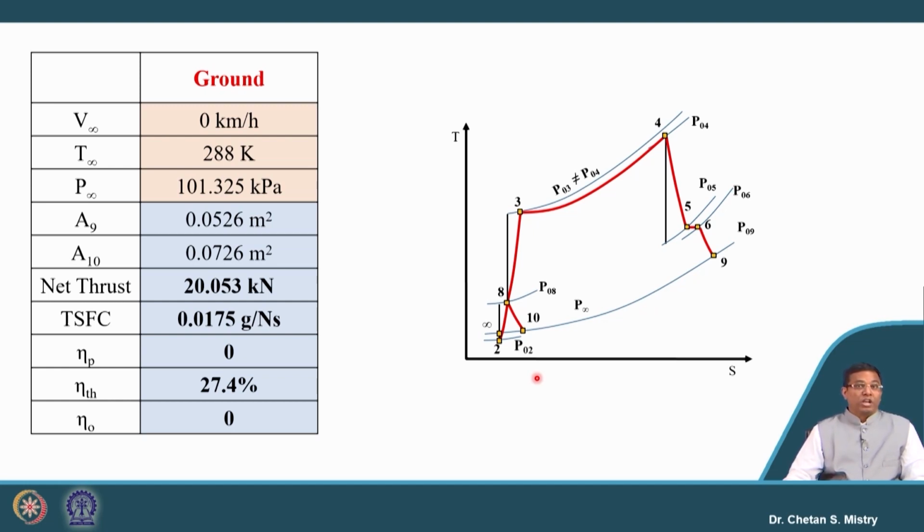Like what needs to be the fan pressure ratio, the compressor pressure ratio, the turbine entry temperature, the mass flow rate through the engine, and that is what will decide the expected performance in terms of thrust, thrust specific fuel consumption, and different efficiencies.